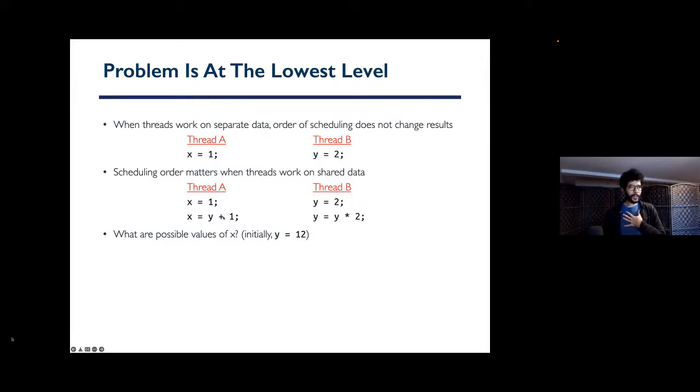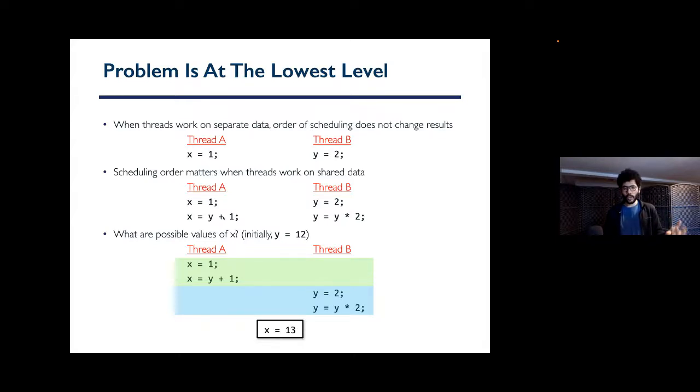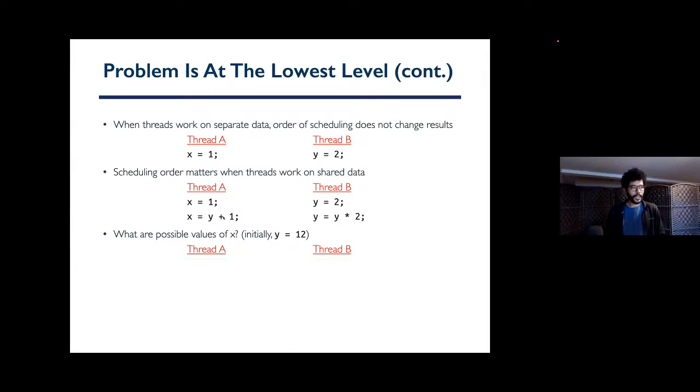Now let's look at a bunch of examples. So this is one interleaving that thread A first runs, and then thread B runs. So under this one, thread 1 runs X equals 1, and then X equals Y plus 1. So X eventually becomes 13. So the result of this run is 13. Let's look at another interleaving.